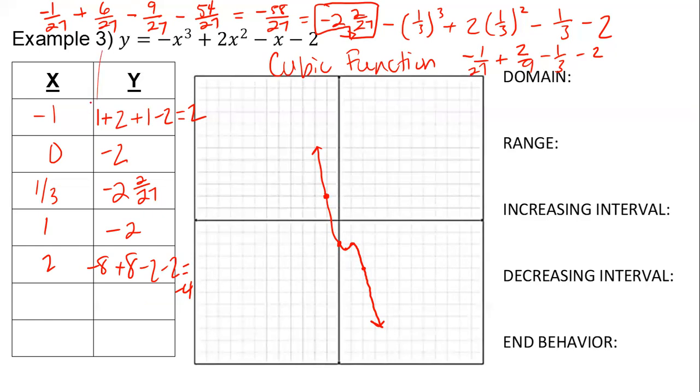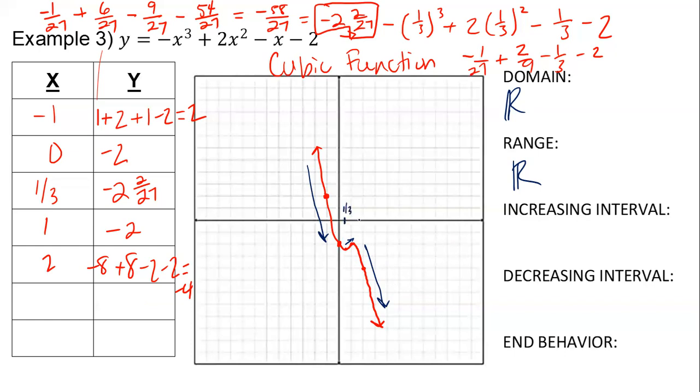All right. Now, let's analyze. So domain, all real numbers. Range, all real numbers. Increasing interval. So I'm decreasing, then I have a tiny little increase from here to here, and then I have a decrease. So I'm increasing from 1/3, because your increasing values are based on your x.